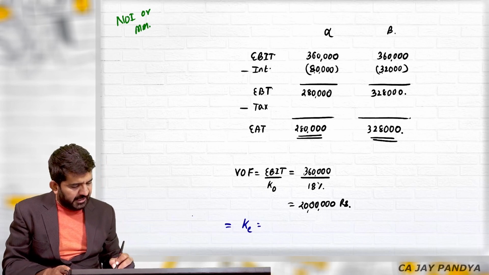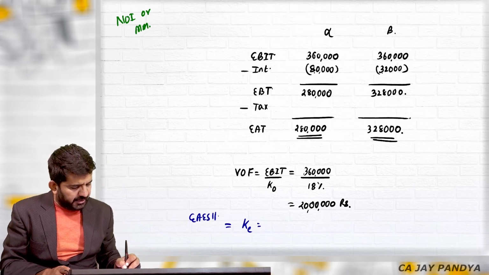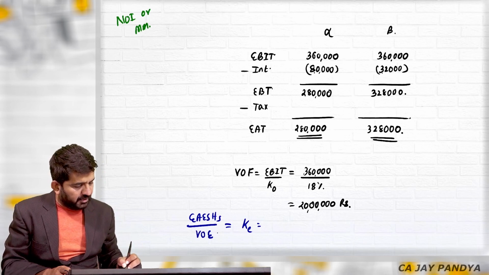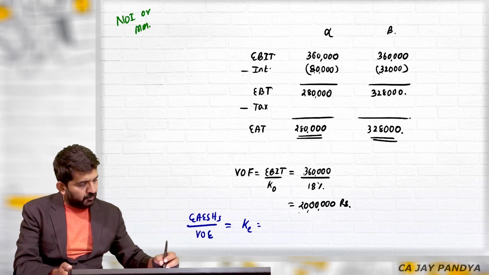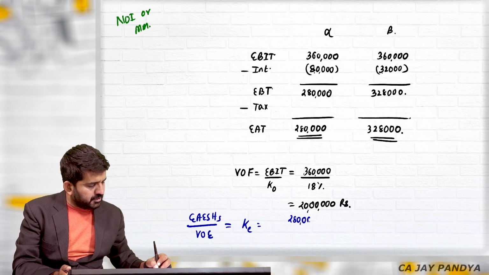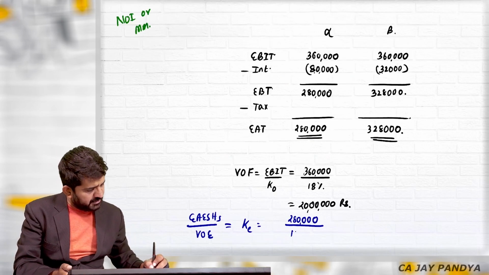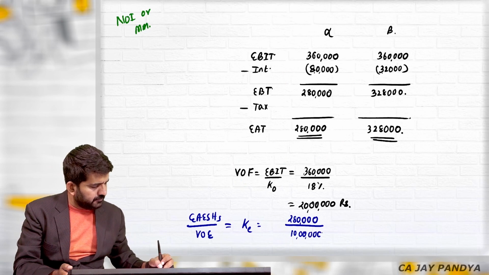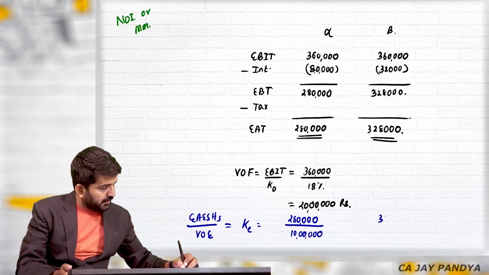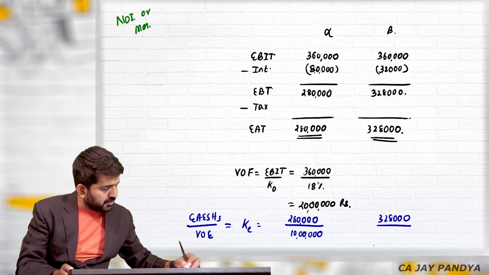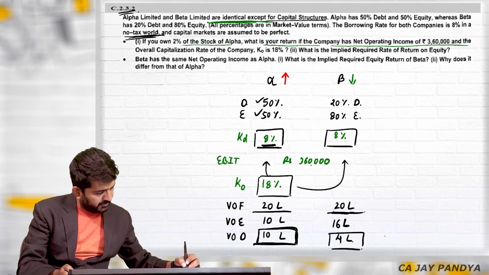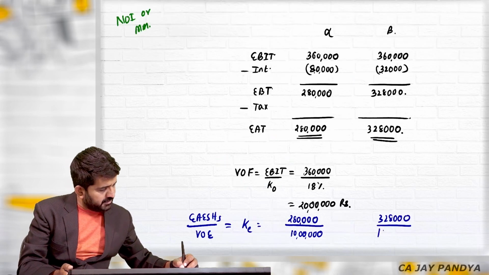How to find out KE? Earnings available to equity shareholders divided by value of equity. So in Alpha Limited, earnings available to equity shareholders is 2,80,000 divided by value of equity, which is 10 lakhs. In Beta Limited, it is 3,28,000 divided by value of equity, which is 16 lakhs.